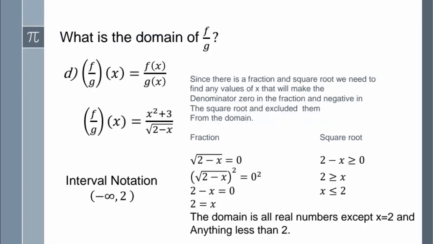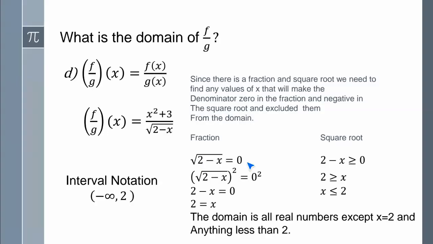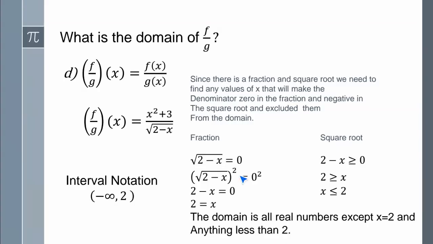And so the last thing to do here would be to find the domain. Since I have a fraction and I also have a square root, I have to worry about both situations. Let's look at the fraction first. If the square root of 2 minus x is equal to 0, and I want to solve for x, I could square both sides.